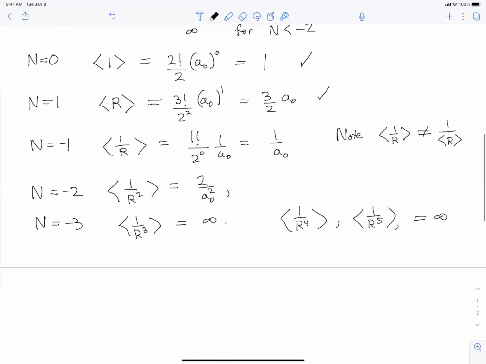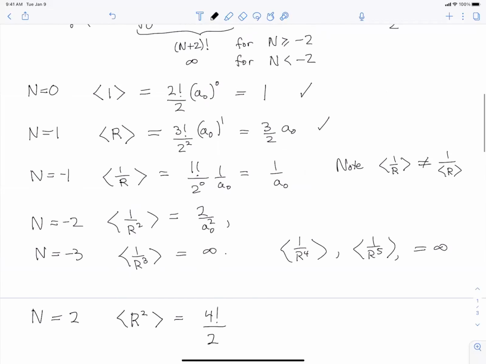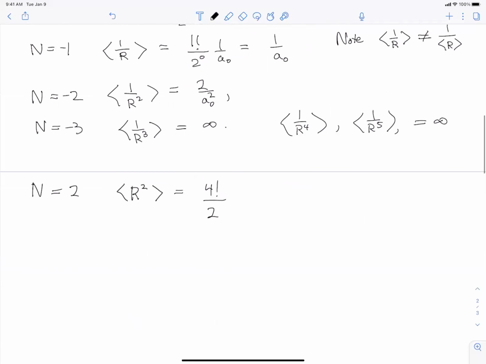Okay, let's look at some positive powers. So for n equals 2, when we plug into our formula, the expectation value of r squared is n plus 2 is 4 factorial divided by 2 to the n plus 1.